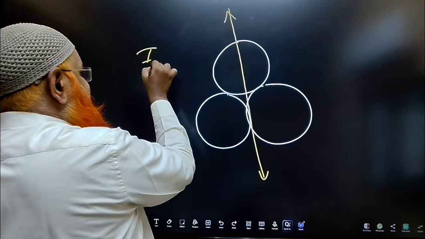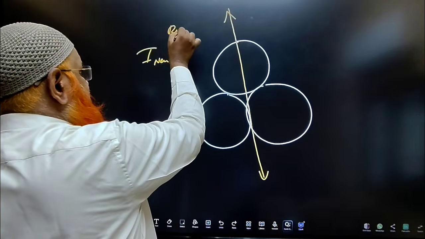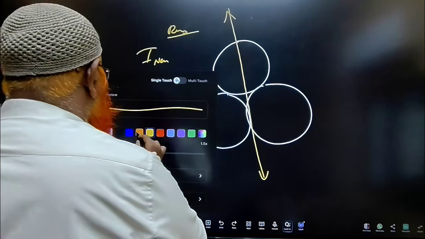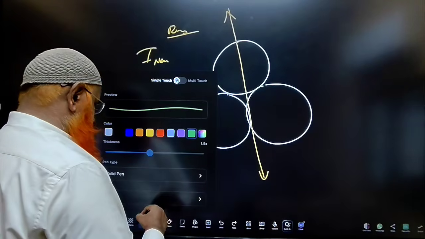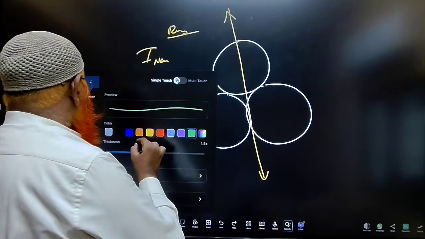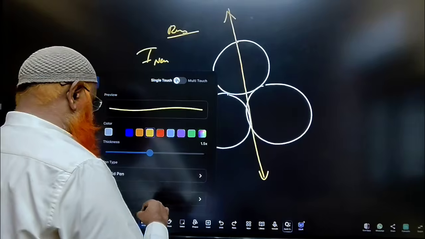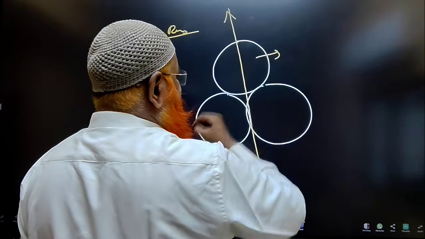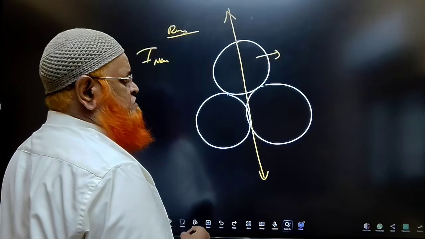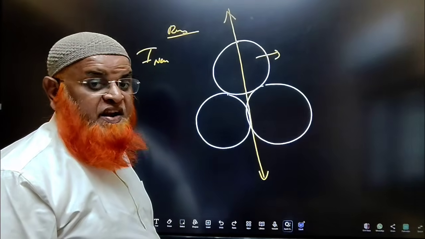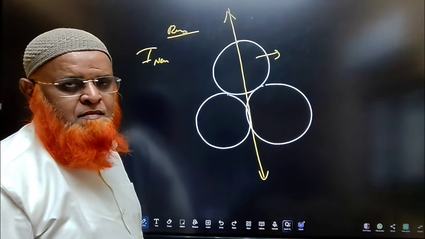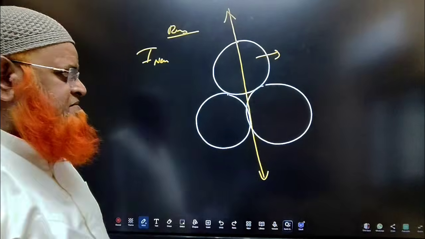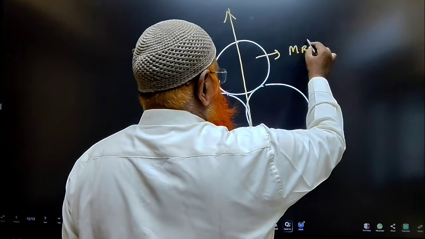What is the net moment of inertia? What is the moment of inertia for this ring which is passing through the diameter? This is Mr square by 2.